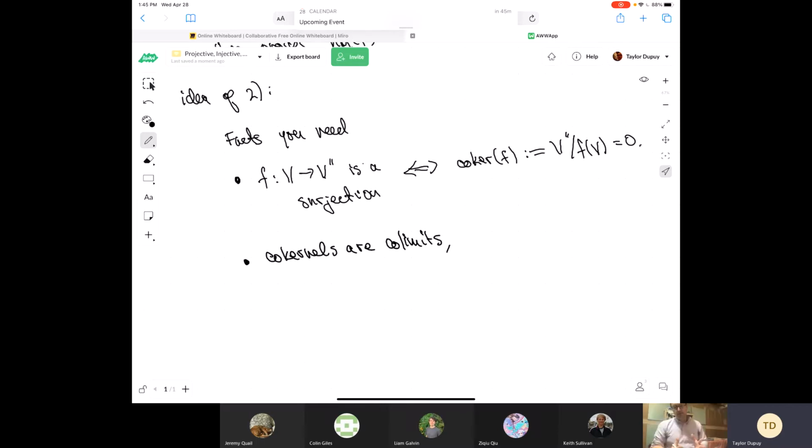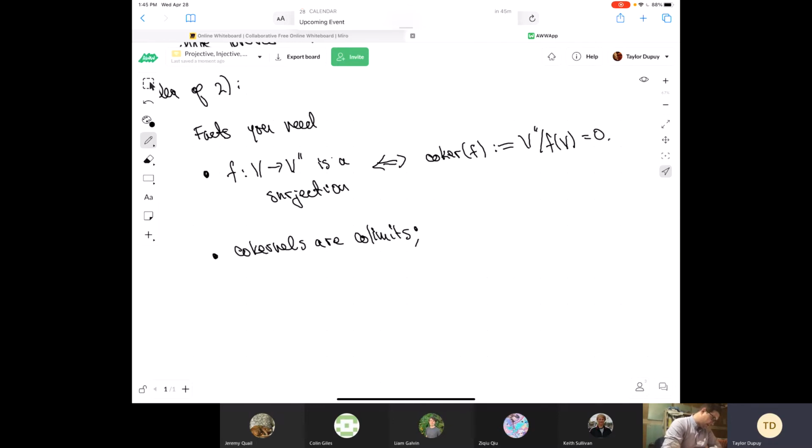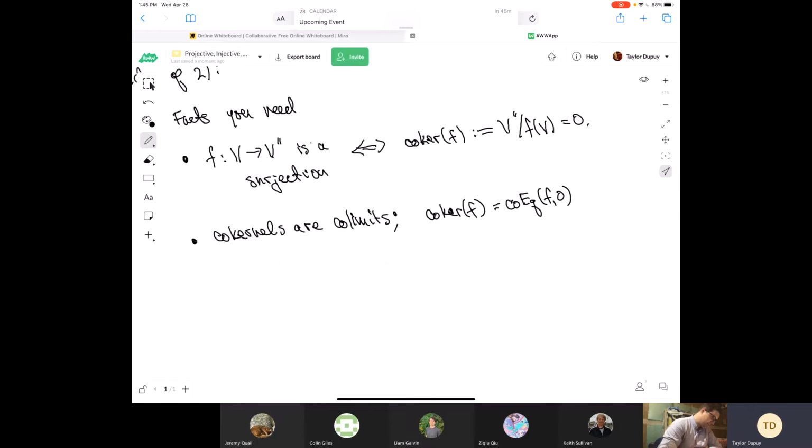Remember what a co-limit is: we took a diagram and looked at arrows going out of the diagram, so we get these co-cones, and the initial object in the category of co-cones is the co-limit. So co-kernels are co-limits. In particular, the co-kernel of f is the co-equalizer of f and the 0 map.